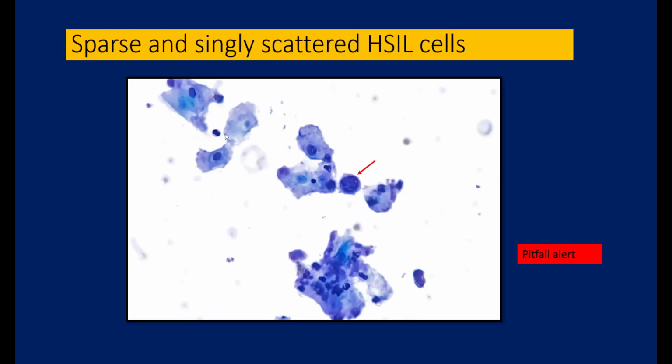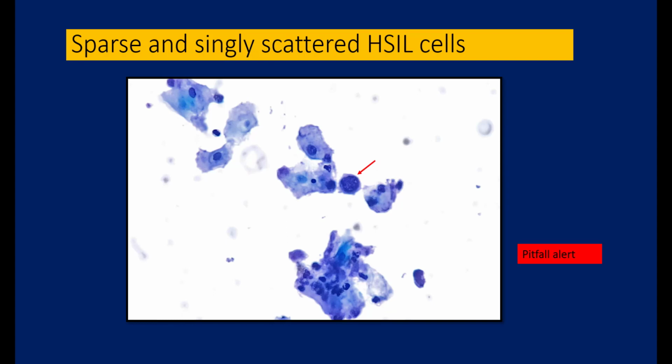HSILs can sometimes show very sparse and singly scattered cells, very few cells. And as I have said, when you have cells which look like HSIL and the number of cells is very few, one might like to call it ASC-H.